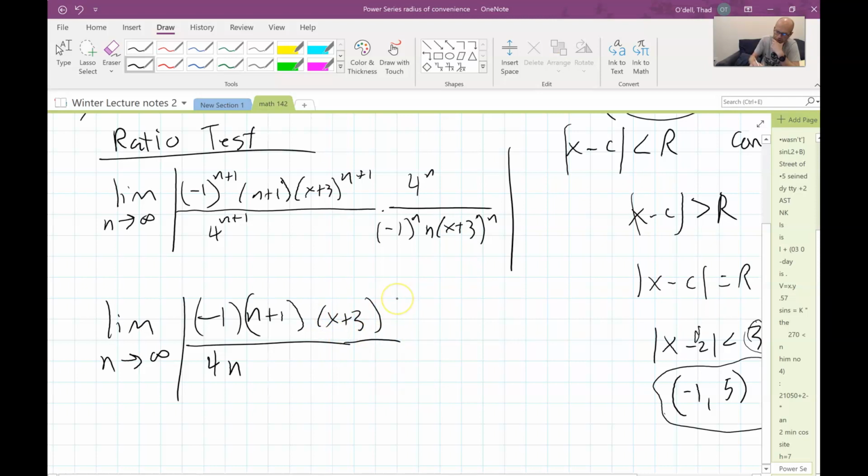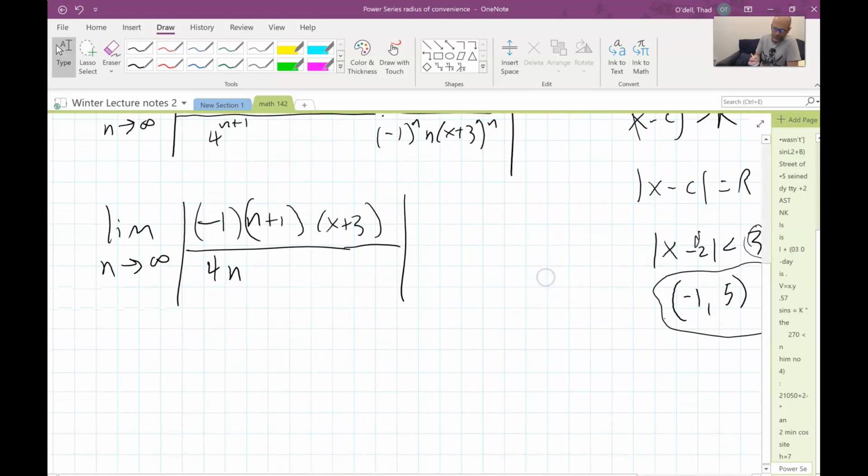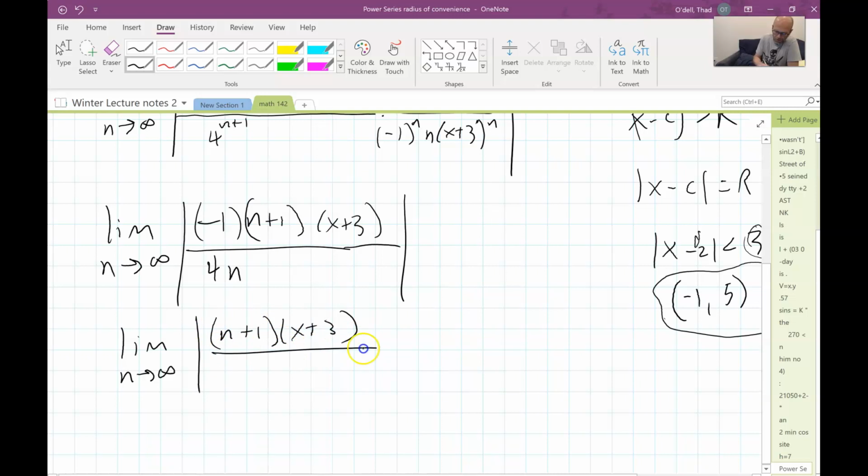And I think that's everything. The absolute value takes care of the negative 1. It's just being multiplied through, so that will have no effect whatsoever. So we really have the limit as n approaches infinity of the absolute value of n plus 1 times x plus 3 all over 4n.